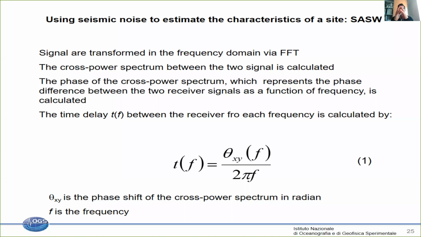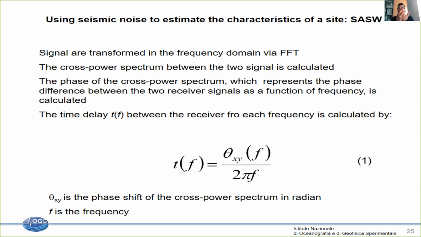To make the cross spectrum, so to correlate the signals, I simply take the Fourier transform of one, the Fourier transform of the second one, and I just change the imaginary part sign of the second one, and I just multiply the two spectra. What I obtain is a cross power spectrum.